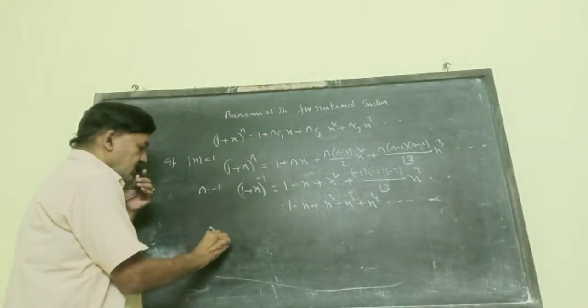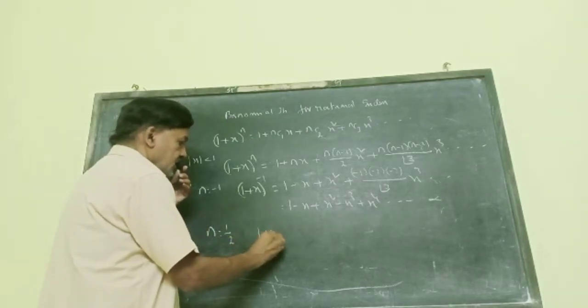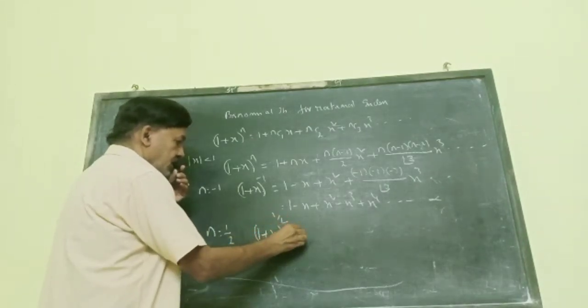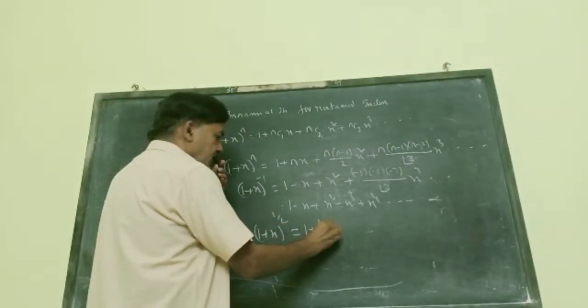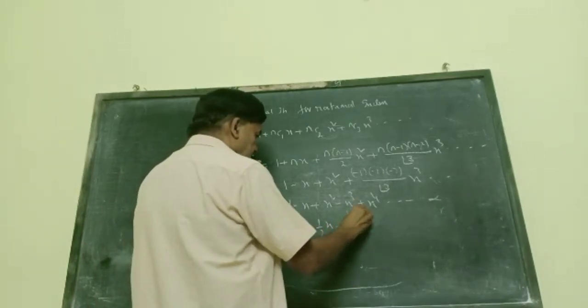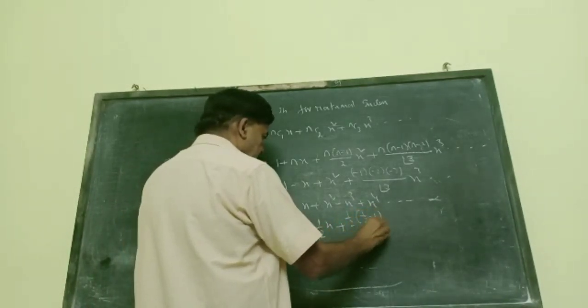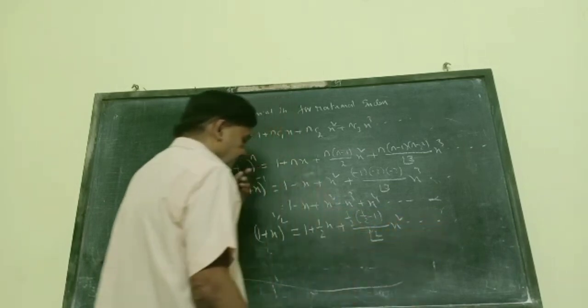Suppose n is equal to, let us say, 1 by 2. (1 + x)^(1/2) is 1 + half into x + (1/2)(1/2 - 1)/factorial 2 x squared and so on.